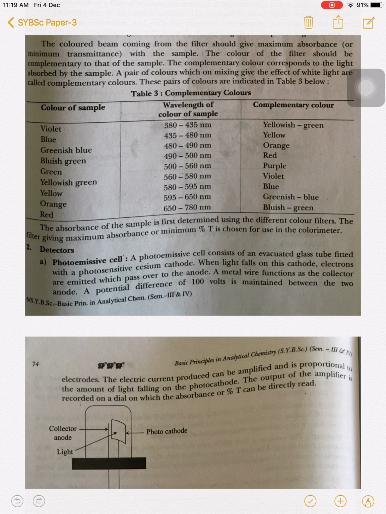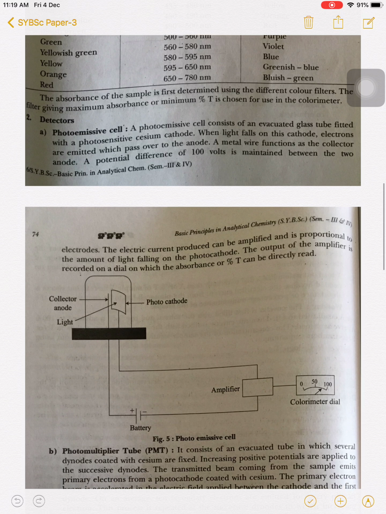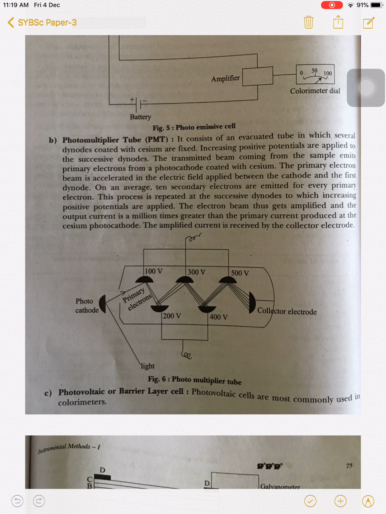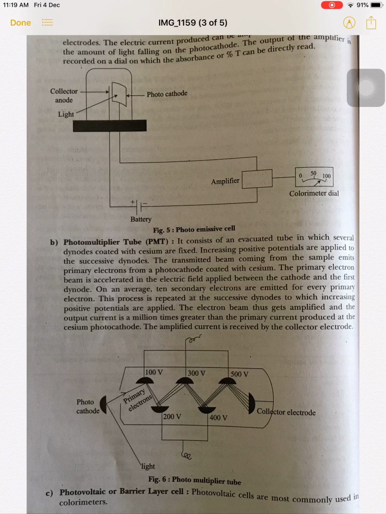The detector is also a photoemissive cell. Now see this photoemissive cell diagram. Next, we may also use a PMT, that is, a photomultiplier tube. Now see exactly how the photomultiplier tube works. This photomultiplier tube consists of an evacuated tube in which several diodes are used.